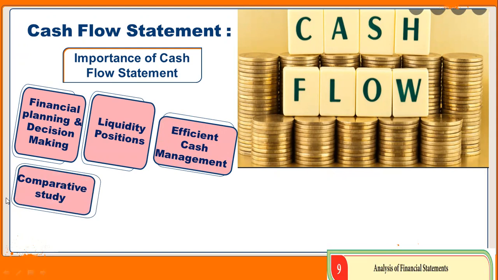Comparative study. It helps show the extent to which cash resources of business were generated and used. Helps in study of receipts and payments. It helps the management to find the true position of cash.